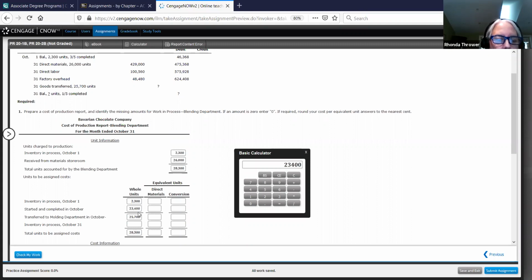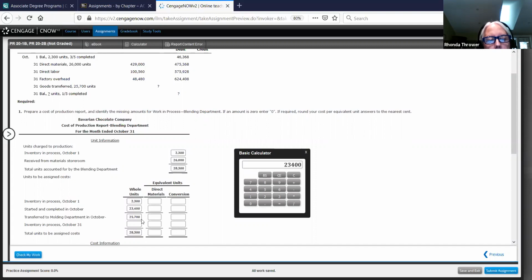So what's left is what we actually started and finished during this period of time. So 25,700 minus 2,300 gives you 23,400 units that we started and we completed during this period of time.